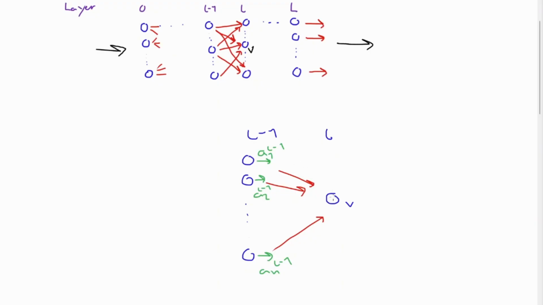So in order to obtain the input to neuron v, what we do is we take all these activations from the previous layer and we scale them by quantities assigned to these edges, which we refer to as weights. And the weights will be denoted as such. So the weight assigned to this edge would be w_1v^L, which essentially means this is the weight going from the first neuron in the previous layer to the vth neuron in layer L. This would then be w_2v^L, and this would be w_nv^L.